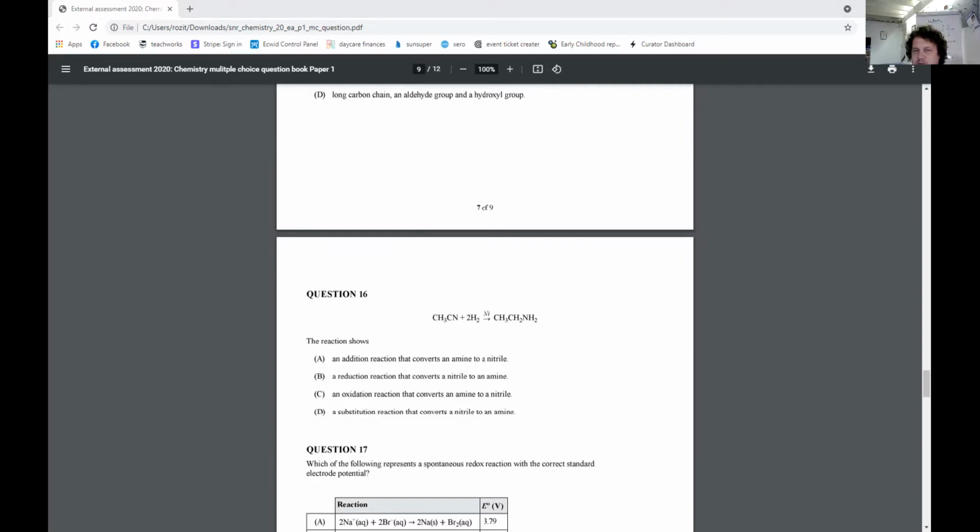Try and remember what the functional groups are and see if they match. So just wait, Jacob.